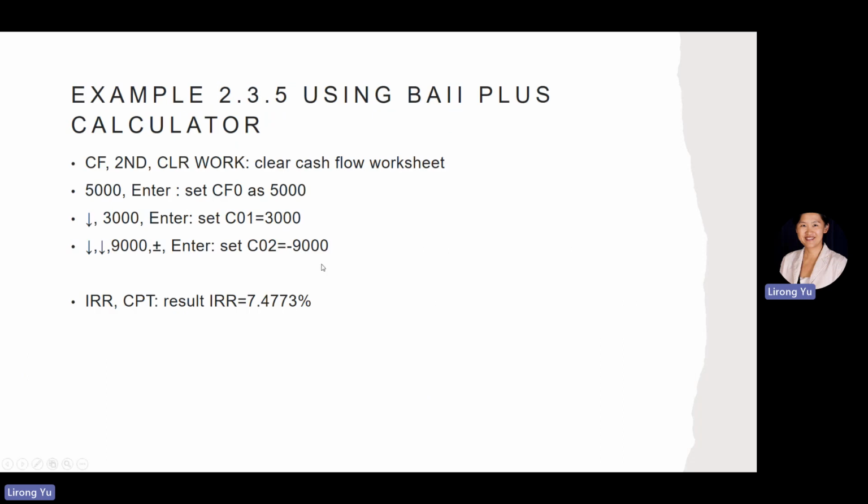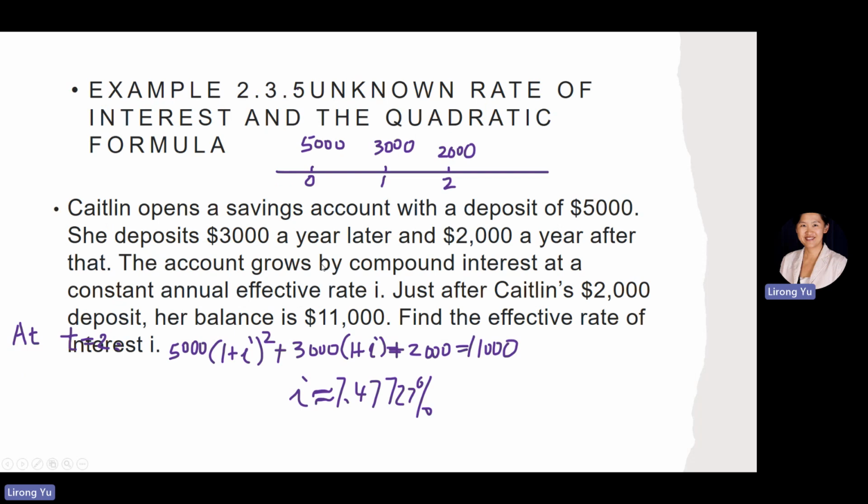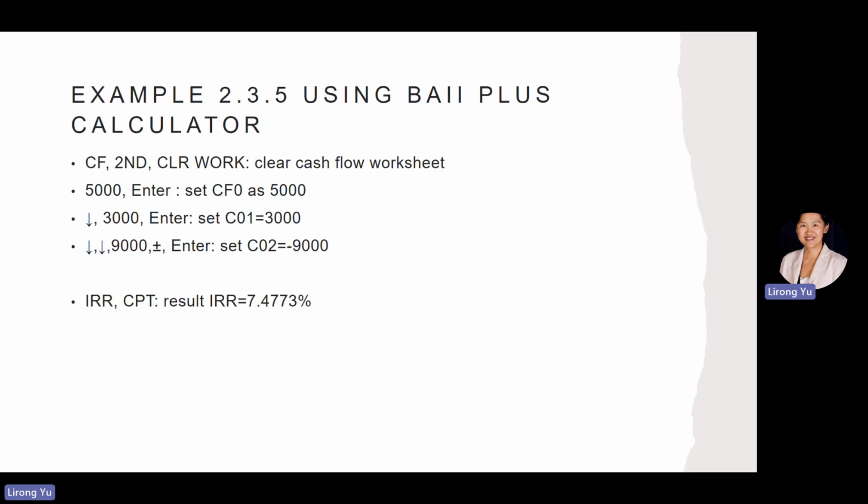This is the example about solving this question with a BA II Plus calculator. One of the things that we can do with the BA II Plus calculator is to enter the cash flows. So basically, this is all the keys. You click on CF, second, clear work to clear the cash flow worksheet. You key in 5,000, enter.